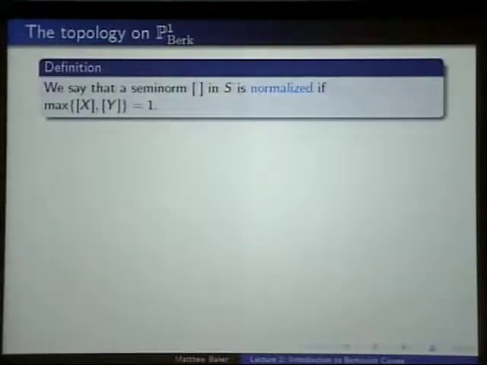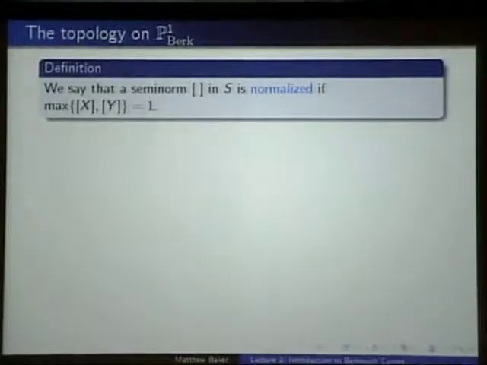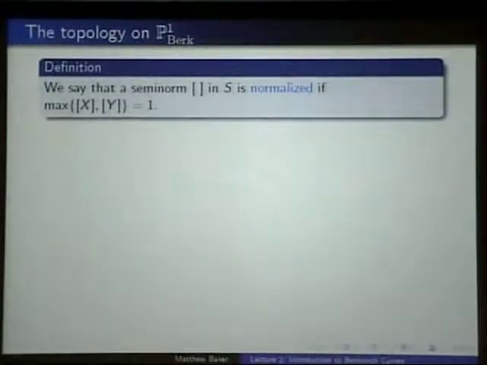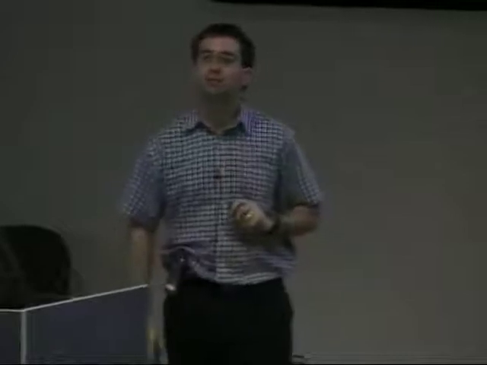Brian? Right. So in the evaluation example, you said what to evaluate at a homogeneous element. So how do you define it on a non-homogeneous element? Right.